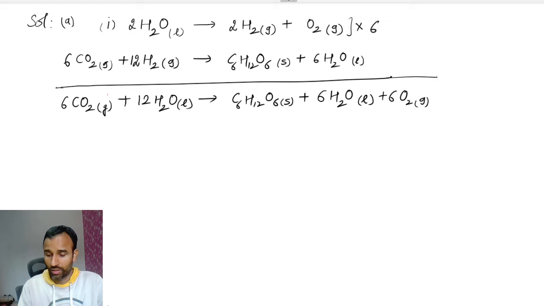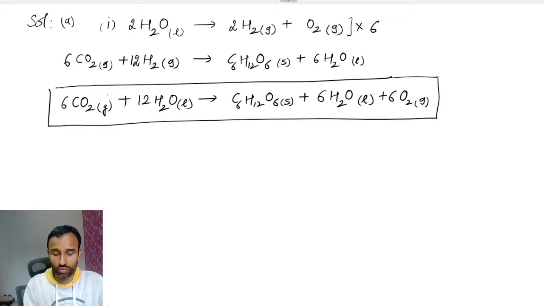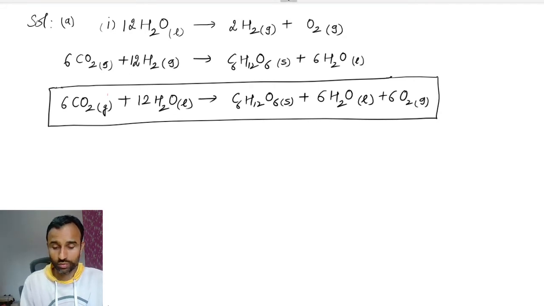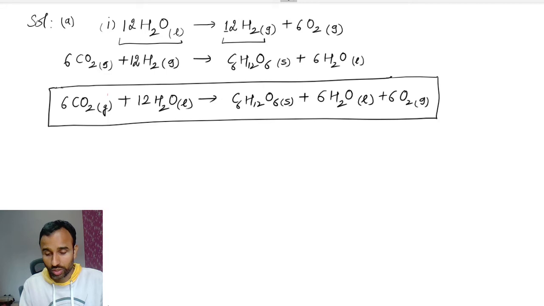So why is it more appropriate to write like this? Because first of all, these 12 H2O are used to produce 12 H2 gas, and then this 12 H2 gas is used to reduce carbon dioxide to give back 6 H2O liquid.